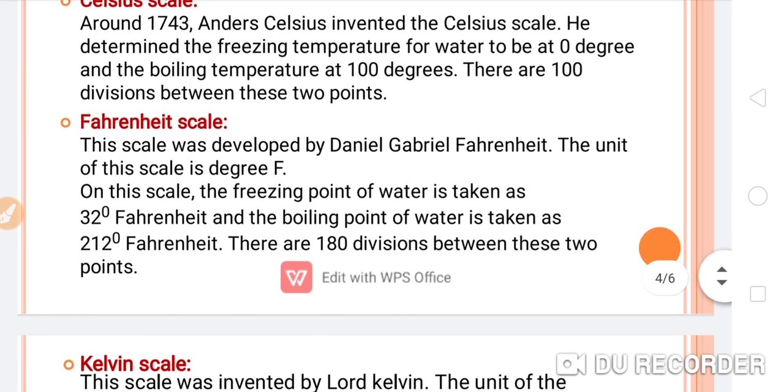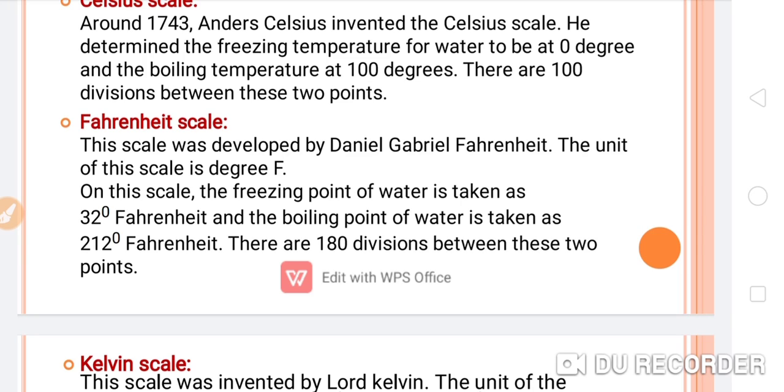The unit of the scale is degree Fahrenheit, and the symbol we must use is capital F. On this scale, the freezing point of water is taken as 32 degrees Fahrenheit and the boiling point of water is taken as 212 degrees Fahrenheit. This is very different from the Celsius scale.